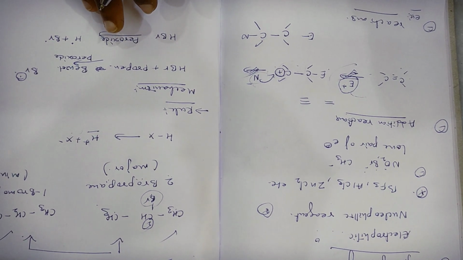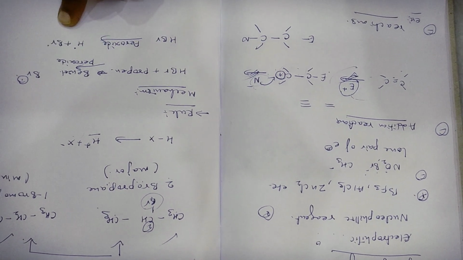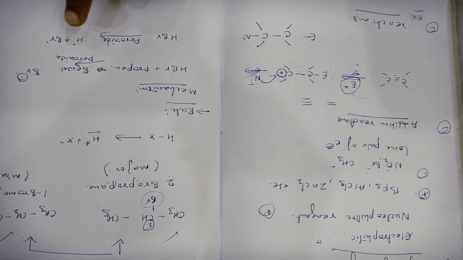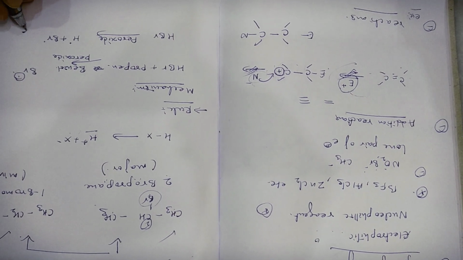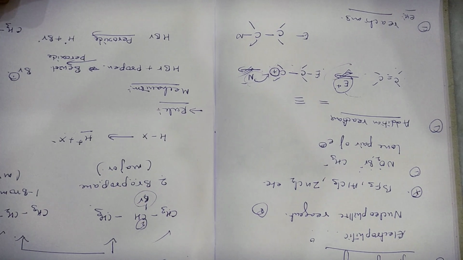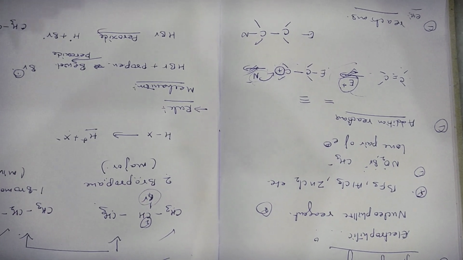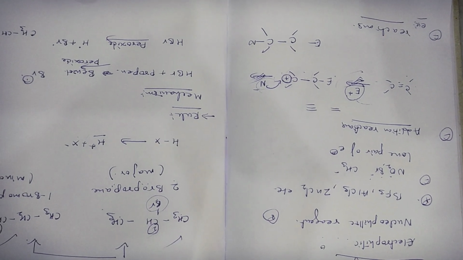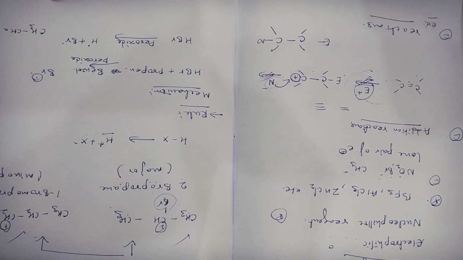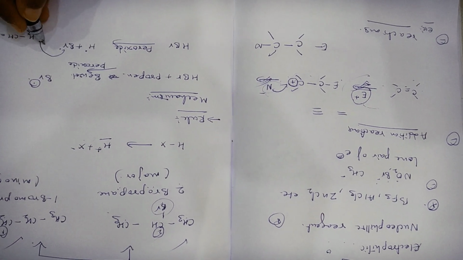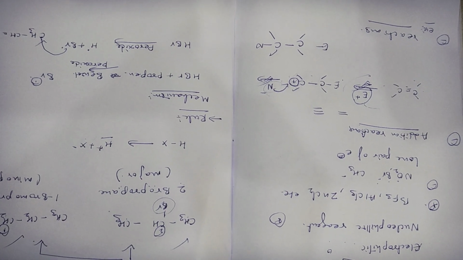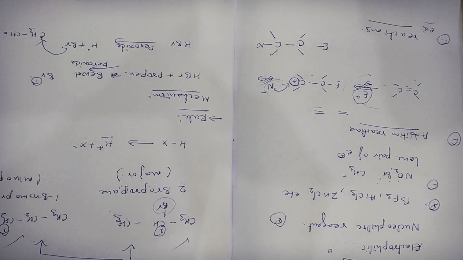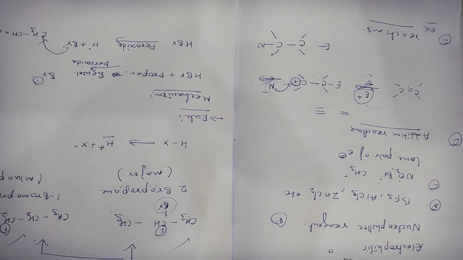In the second step, what happens? The bromine free radical formed joins with the propene. Propene, we already know, is CH3 CH double bond CH2. So this will get attacked by the bromine. The bromine will form a major radical and a minor radical.